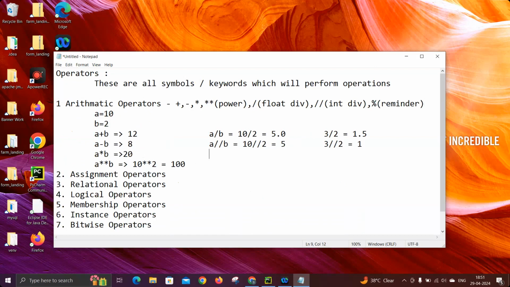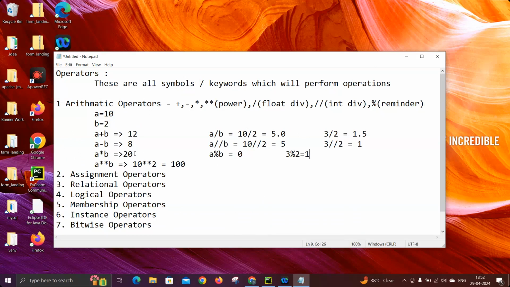Let's take A percent B. It means when you are dividing A by B, that means 10 by 2, what is the remainder? Obviously we know it is 0. Likewise, 3 percent 2 will give you obviously 1, because when you divide 3 by 2, the remainder is 1.